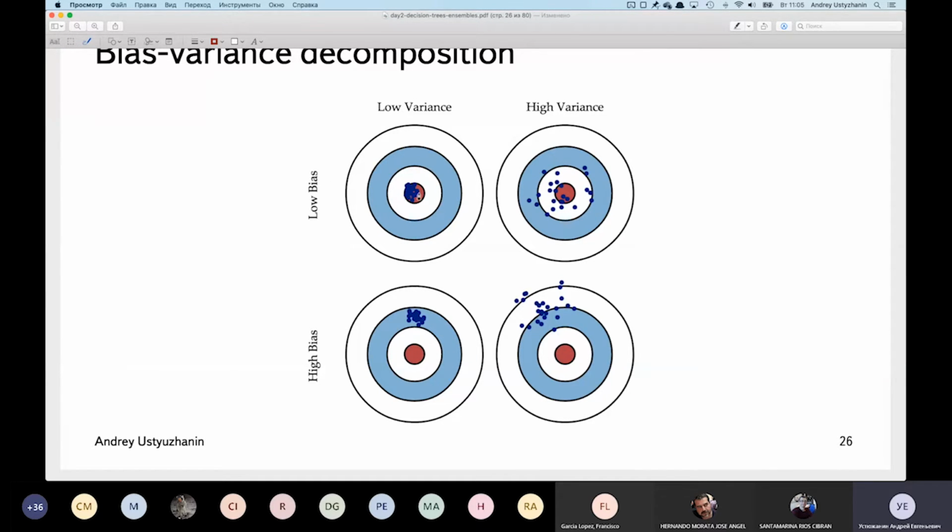If you get into the center, there is no question, you're great. But if you're missing the center, it may happen in quite different manners. There is a possibility that you get roughly into the center, but you have some kind of spread, some kind of variance around the center.